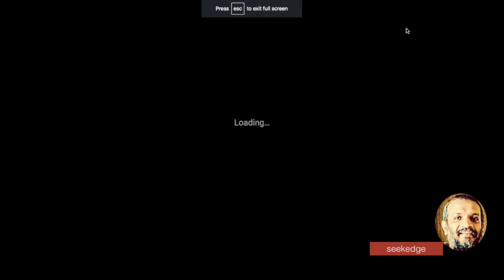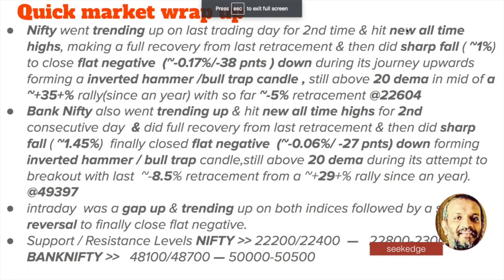and summarize it. So what we've been seeing on the last trading day on Nifty: it was the second consecutive day of a trending move, and it hit new all-time highs, although not by too much. It made a full recovery of the last retracement, and then in the afternoon it had a sharp fall of 1%, more than 600 points, and closed negative.